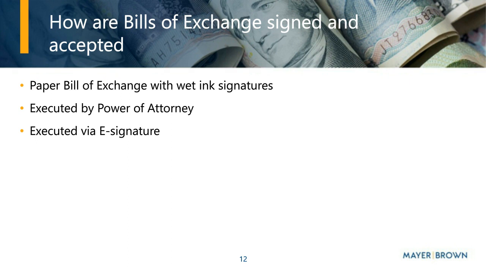So the second major model you tend to see is execution through powers of attorney, in which case some entity, generally a bank or some sort of finance provider, receives a power of attorney from one or both of the parties on the bill, granting them the right to sign, accept, or endorse, depending on whatever role it is, on behalf of that party. That's, in most places around the world, an accepted method of doing this, and you see that a fair amount.